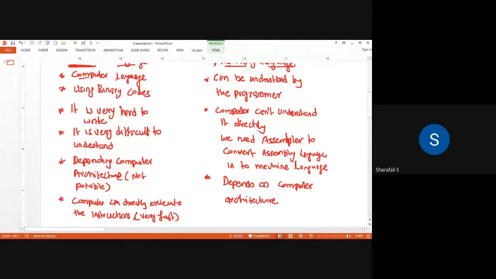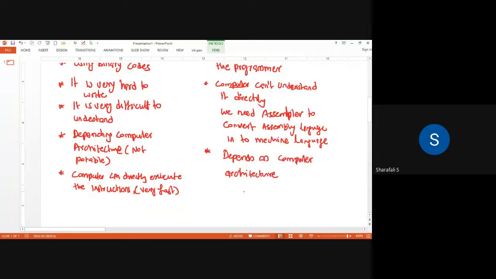So we need to understand the computer architecture thoroughly in order to design programs on the basis of assembly language also. Here we normally use some instructions when we work with microprocessors, for example the 8085 microprocessor. We will use a command like add, for example if you want to add two numbers, or if you want to subtract, we'll use an instruction like sub.